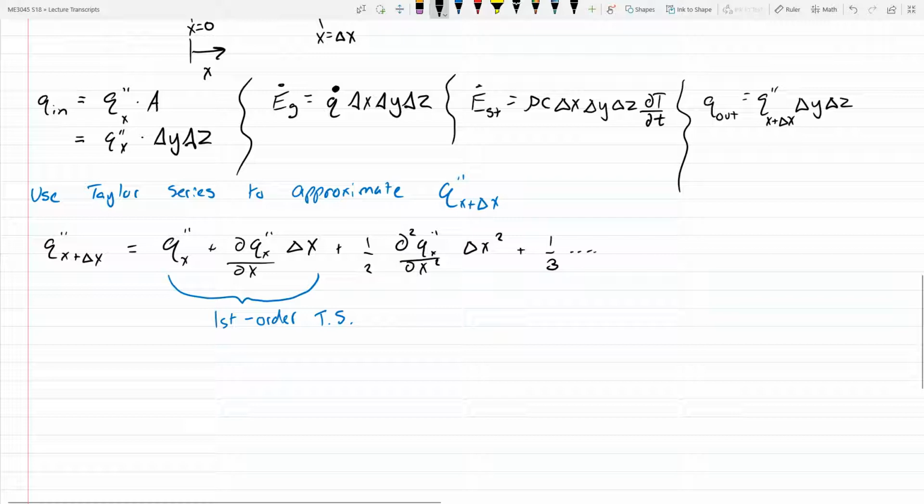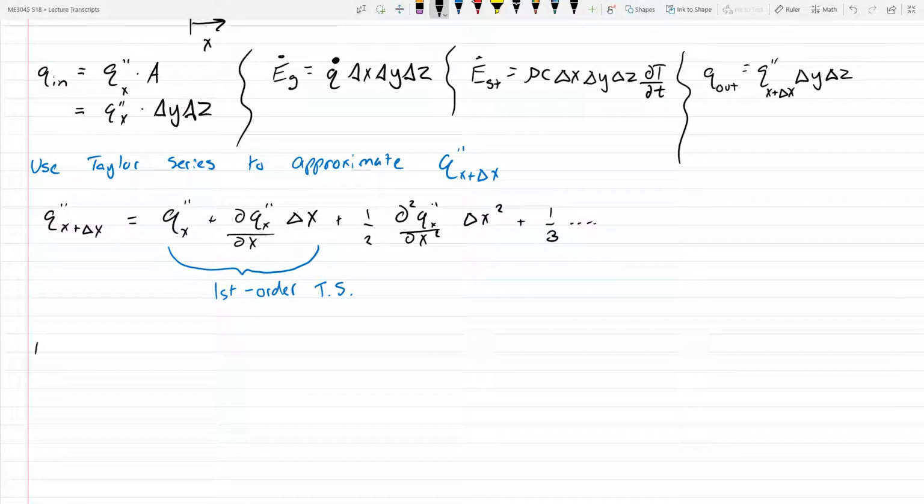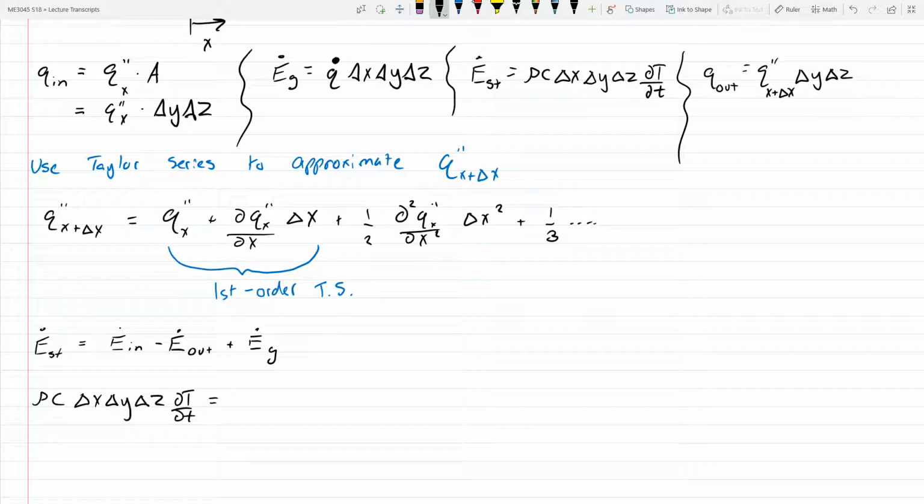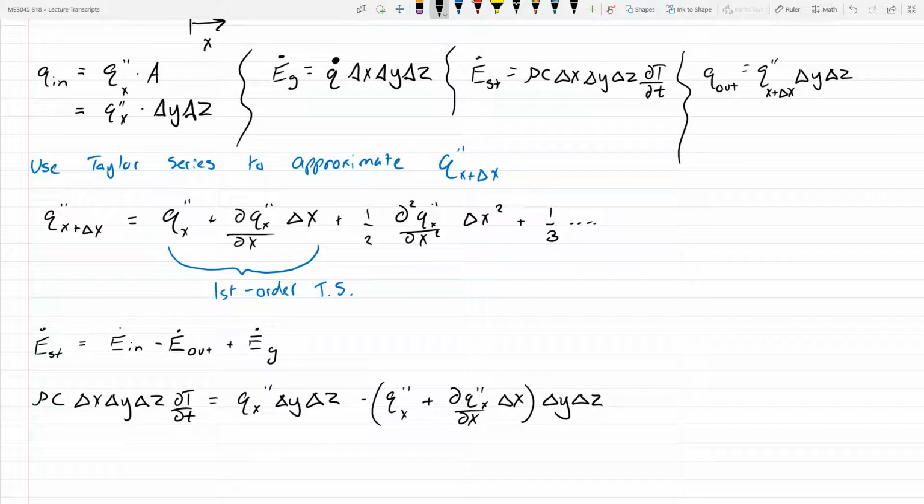So if we go ahead and plug these into our energy balance, E dot stored equal E dot in minus E dot out plus E dot G. This turns into rho C delta X delta Y delta Z dT/dt is equal to Q double prime X delta Y delta Z minus Q double prime X plus dQ double prime X/dX delta X delta Y delta Z plus Q dot delta X delta Y delta Z. All right.